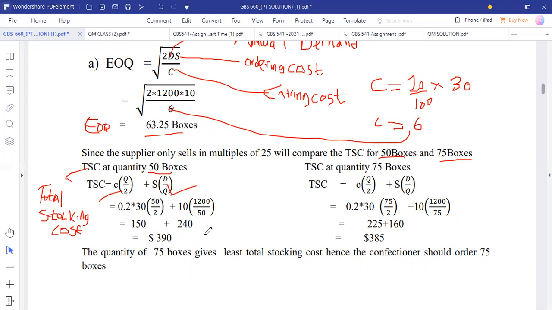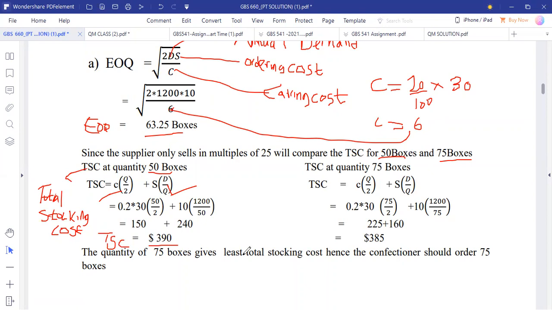So we are getting the total stocking cost at 50 is $390. So our TSC, when we purchase 50 boxes, is $390.